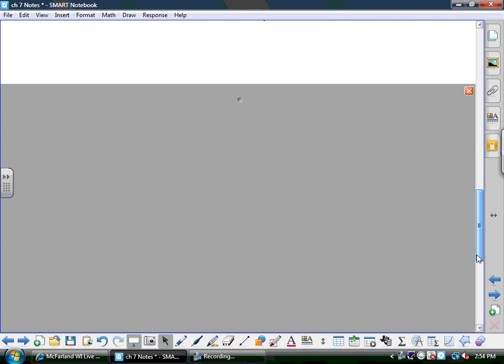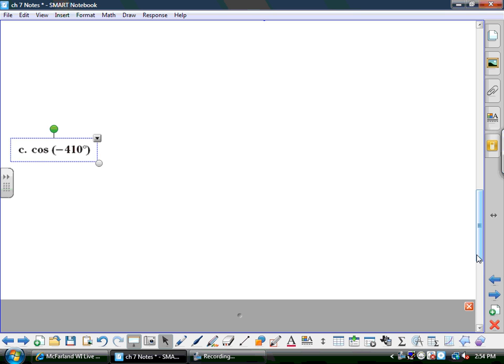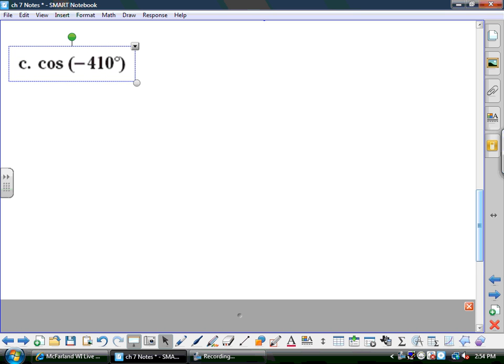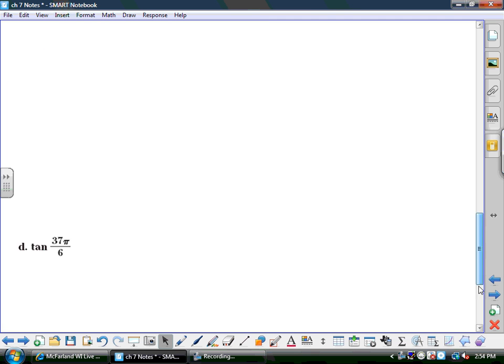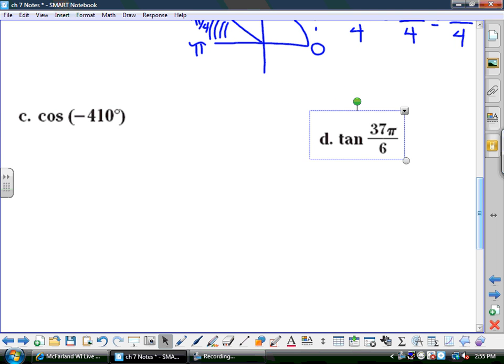Two more quick examples that are exactly like that. Cosine of negative 410, and then the tangent of 37 pi over 6. Pause the video and see if you can figure those two out on your own.